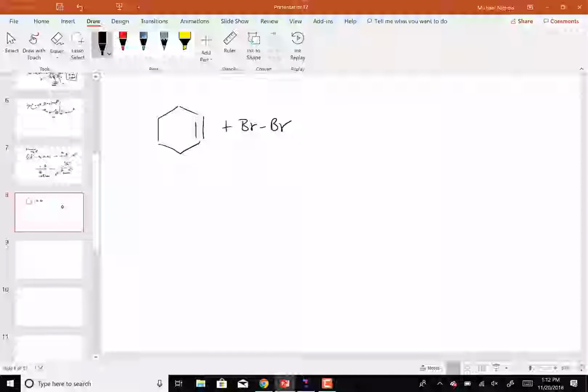I would take the pair of electrons, move it to one bromine, and then break the bromine-bromine bond and throw the electrons to the other side. And that's going to form this bromonium ion. Both carbons are going to be slightly positive, and I'm going to end up with a Br minus.